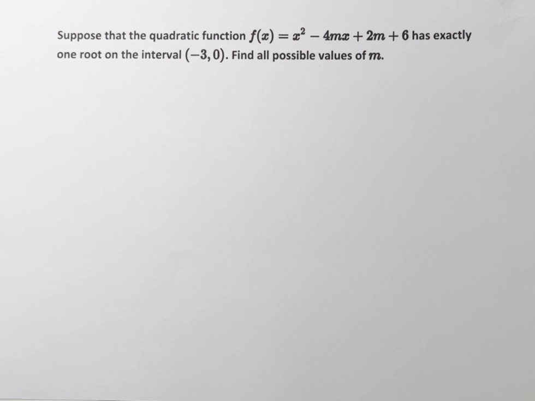So, for this problem, we know that this quadratic function has one root on the interval (-3, 0). And we can split this into two cases. For normal quadratic functions, where the discriminant, or delta, is greater than 0, there are two x-intercepts. But when delta equals 0, there's only one root, on the x-axis, and that root is also the vertex of the parabola.